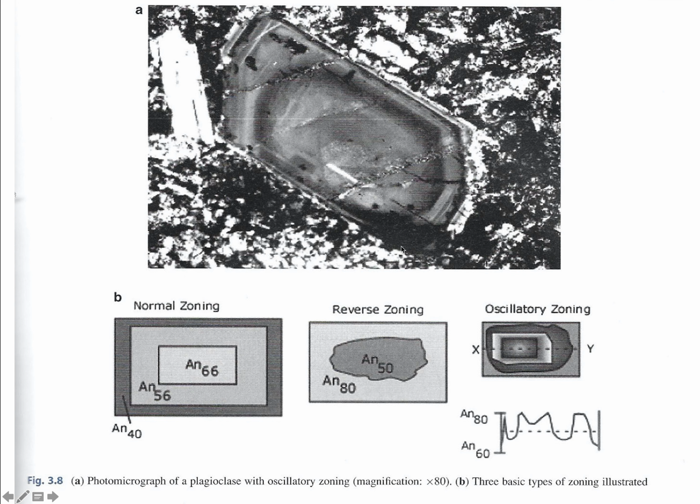And here we have now sketch maps. We have a normal zonation. We have here a higher anorthite composition in the center. That means this plagioclase was formed at higher temperatures.